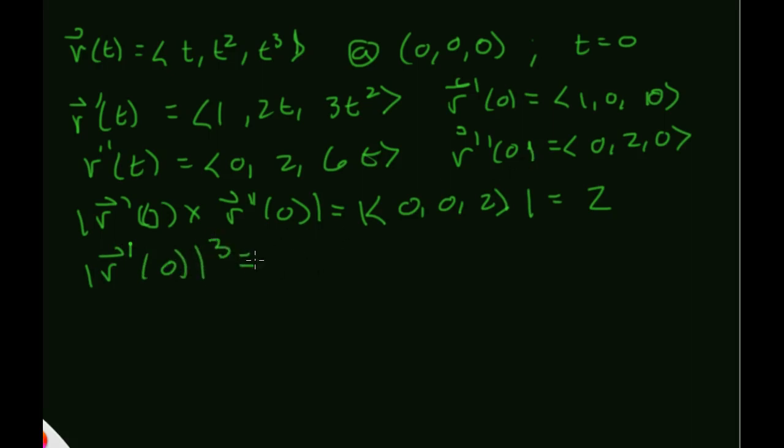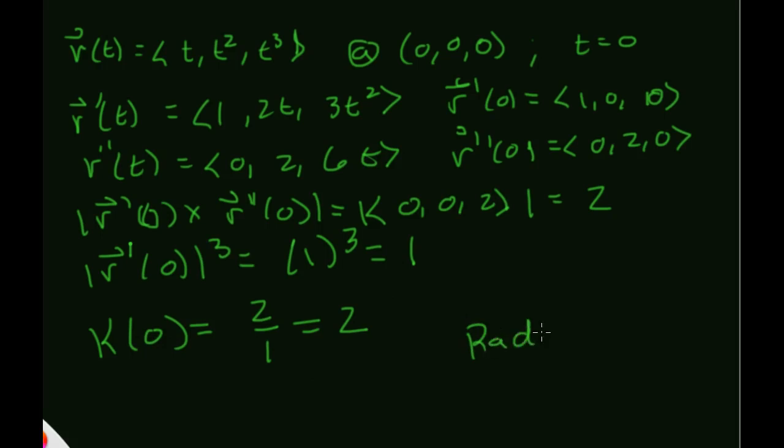So r prime of 0 is 1, 0, 0, so its magnitude is 1, cubed is just 1. So that means the curvature at time 0 is 2 over 1, or 2, which means that this has the same curvature as a circle whose radius is 1 over 2, or 1/2 unit.